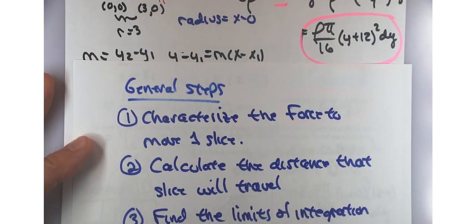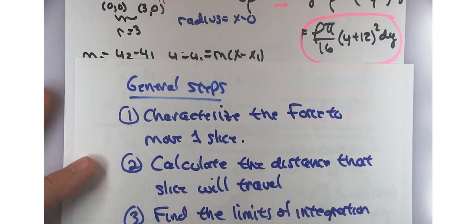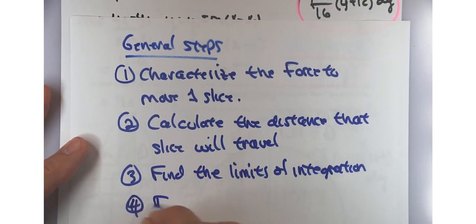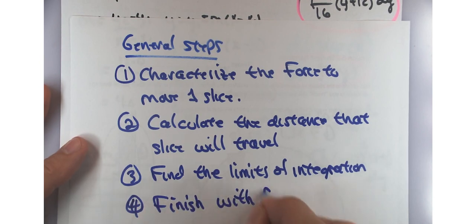And then use fnInt or find the antiderivative. So finish with fnInt or an antiderivative.